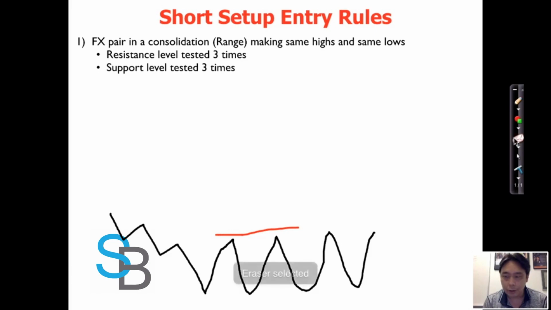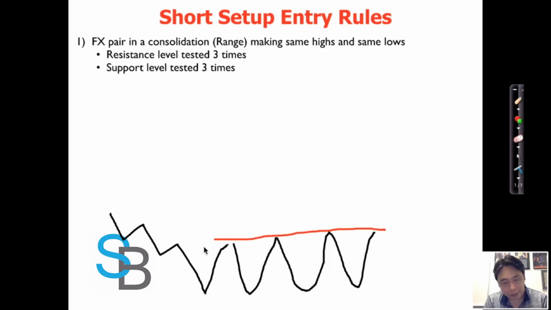Let me just draw back a bit more. Now it's supposed to be a straight line, right? It's tested once, twice, at least 3 times. Same highs, same highs, same highs. We have a strong level of support, tested once, twice, 3 times at least. So that's the first thing.